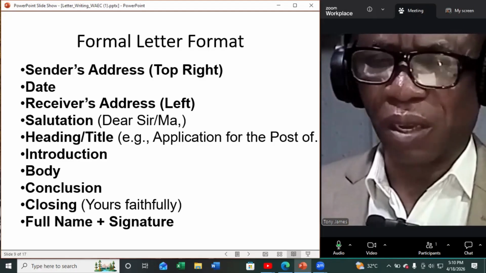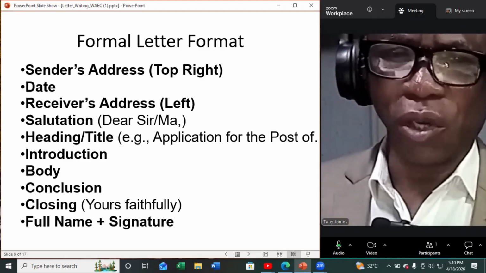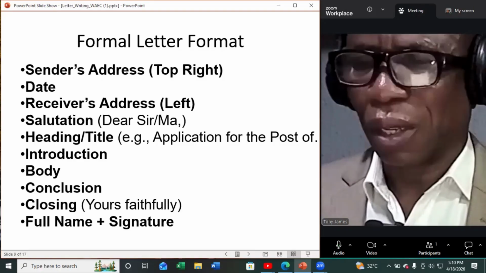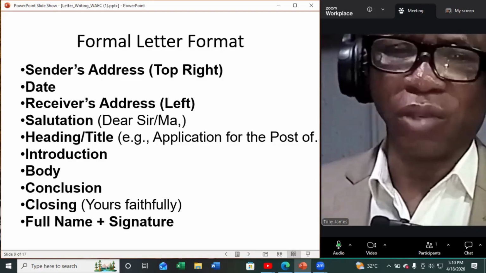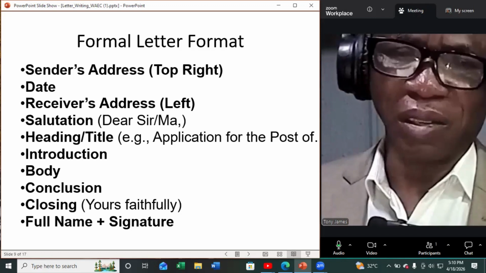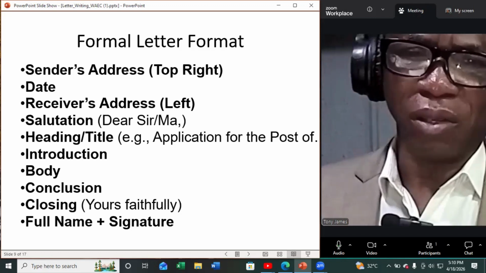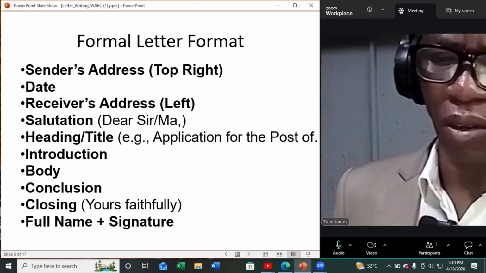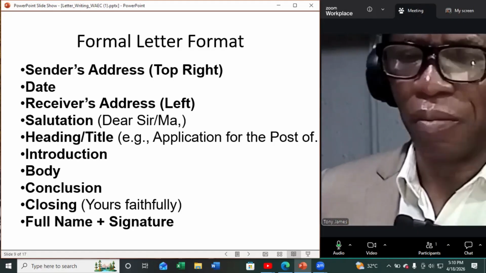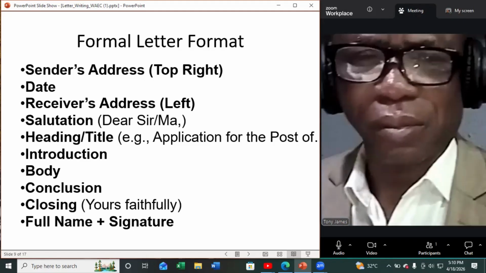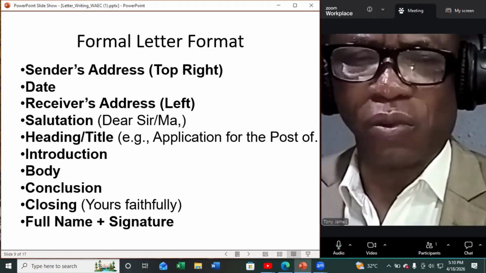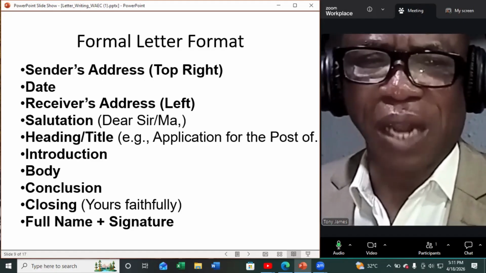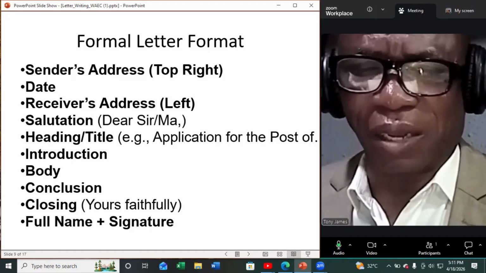One of the reasons for this is that should the lines of your address extend unnecessarily, it will not touch the address of the receiver. That is a simple reason that you should allow your receiver's address to start on the next line after the date, or at least the same line with the date. But in most cases, you start the first line of your receiver's address immediately after the sender's address.